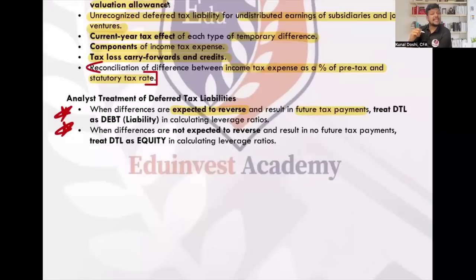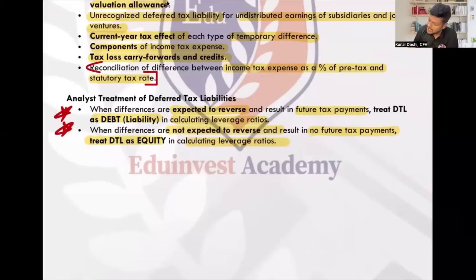If the DTL is expected to reverse in the future, treat it like a debt because you have to pay a liability, right? Include that in the leverage ratios also. But if it is not expected to reverse, and no future tax payment will be there, then treat that DTL as equity in the leverage ratio.